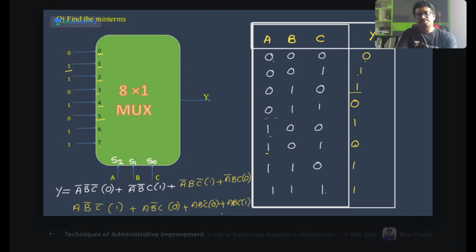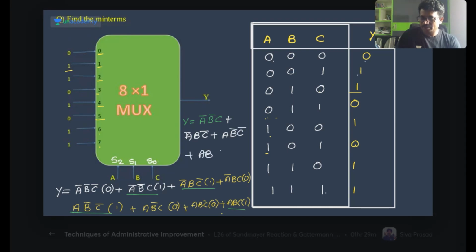So finally, the terms multiplied by 0 are left out, and we keep the remaining terms. The Y value is A bar B bar C, plus A bar B C bar, plus A B bar C bar, plus A B C.